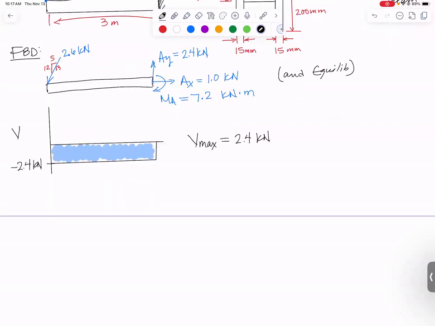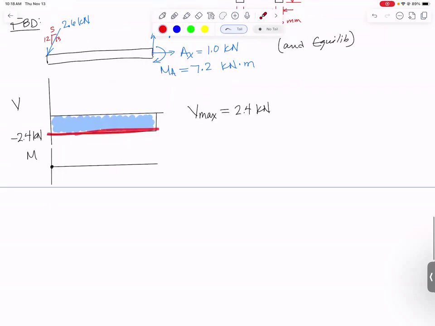Then we need a bending moment diagram. We have no applied couples at the end here, so we're going to start at 0. And then we are going to have a constant slope of minus 2.4. Constant slope means down like that. Slope is minus 2.4. It should end up at 7.2 kilonewton meters down. So we should jump back up to 0 with an applied clockwise moment of 7.2 kilonewton meters.